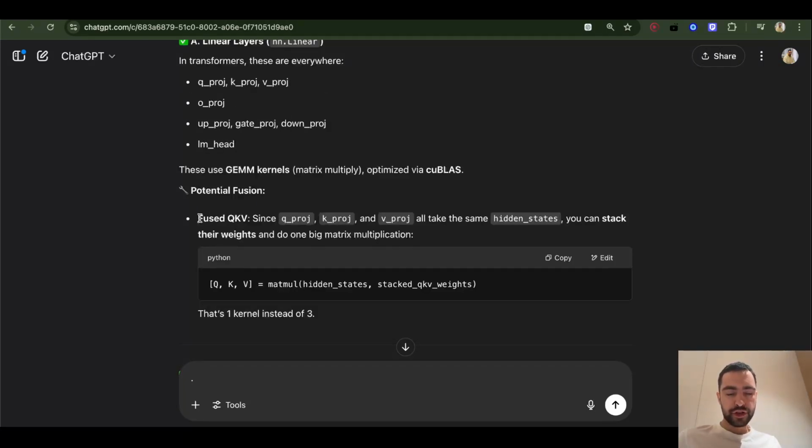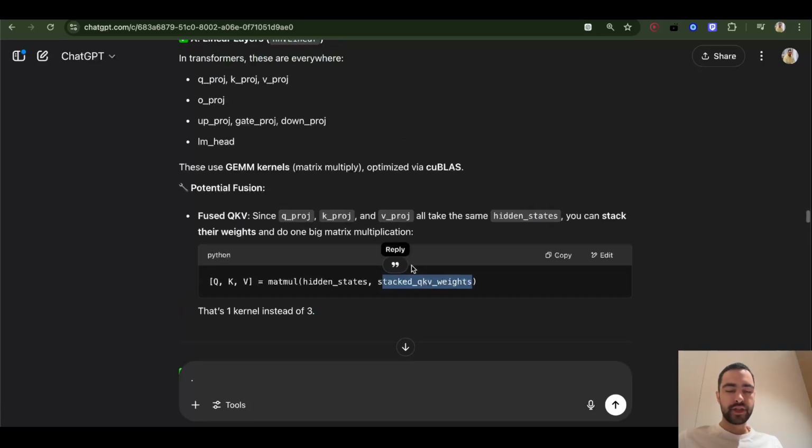So fused query key value. You know that each of these projection matrices has the same input, which is the hidden state for the token. Because they all have the same input, you can fuse these three together. So you can say matmul of hidden states and stacked query key value weights. You can just concatenate them. So you just create one array.